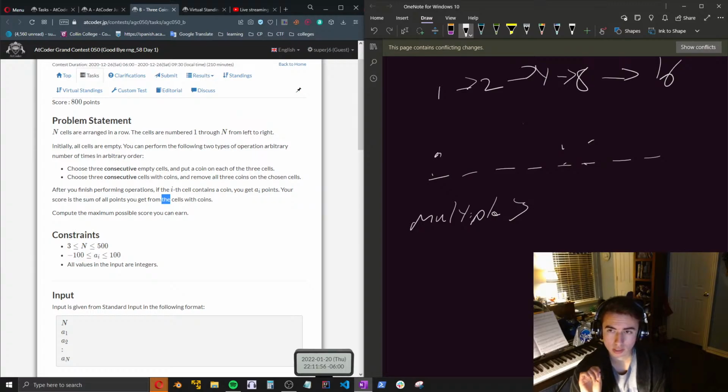Think about, so why is this state possible?